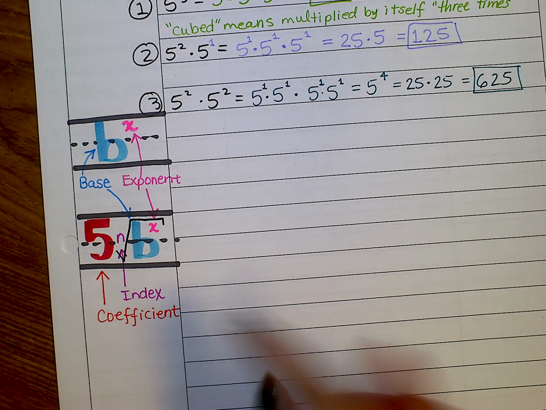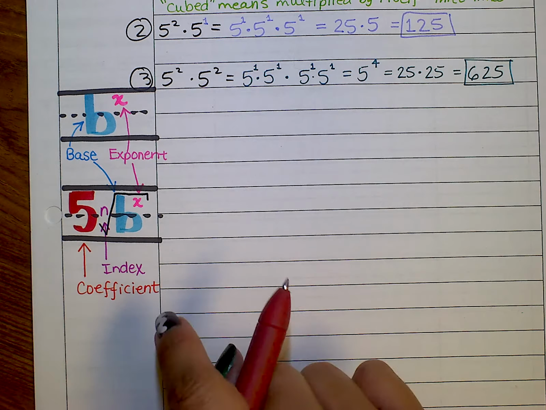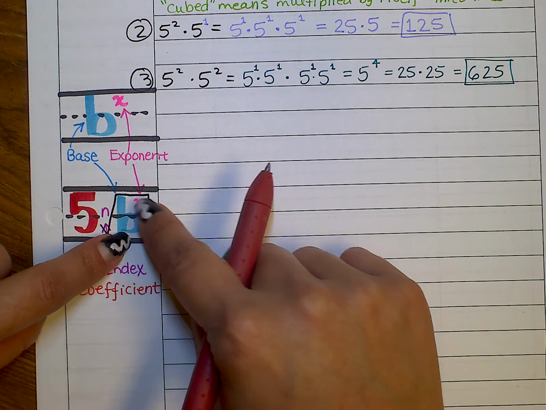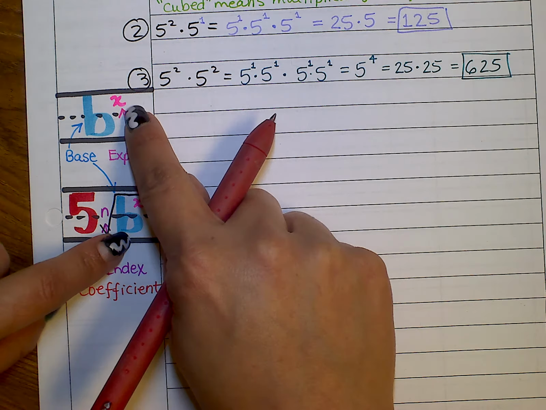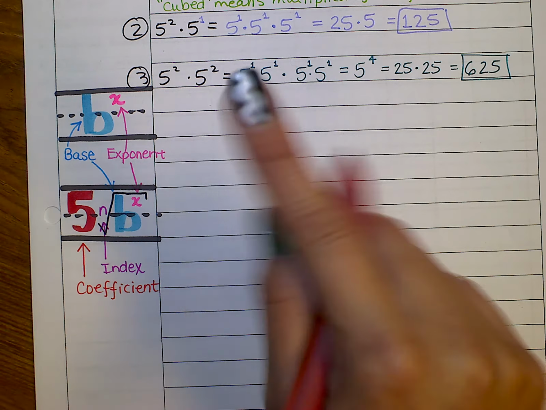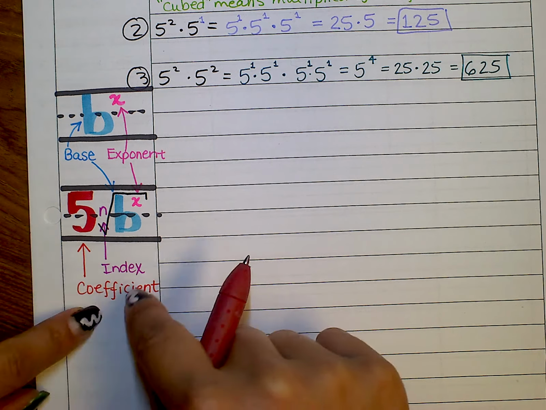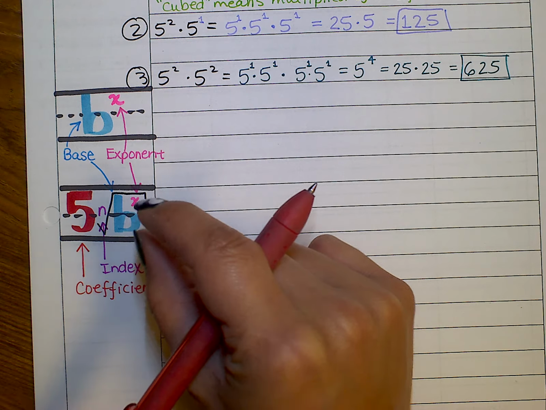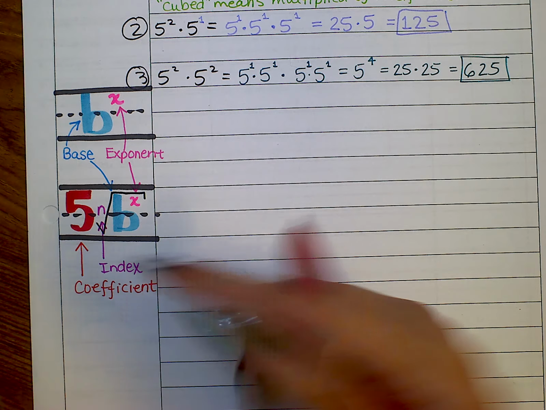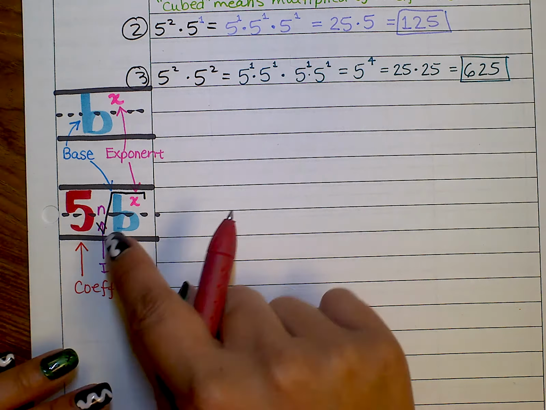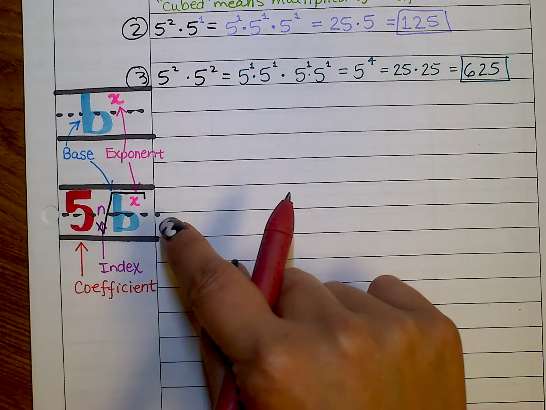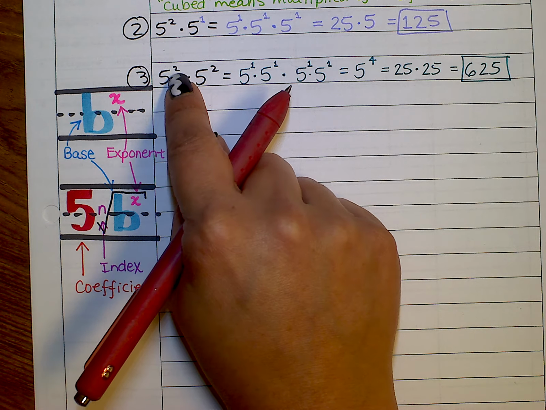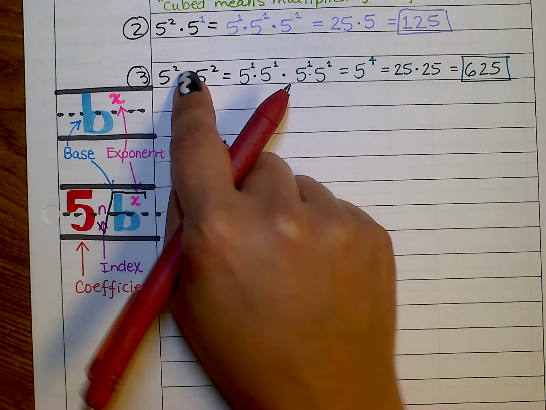The reason I wanted to rewrite these here for you is because you have to make sure that your base is significantly larger than your small exponent, and that your exponent is kind of higher up. I saw this problem whenever you guys had your coefficients, that you started writing them smaller and smaller until it ended up looking like an index, or vice versa. You need to make sure that you have the correct proportions with all of your letters and numbers. Take, for example, if you wrote that 2 very large, it would look like a 52 and not 5 squared.